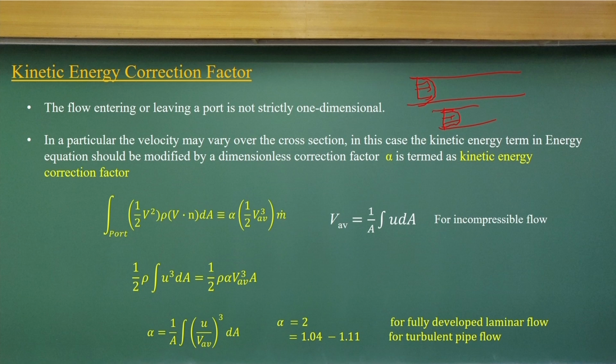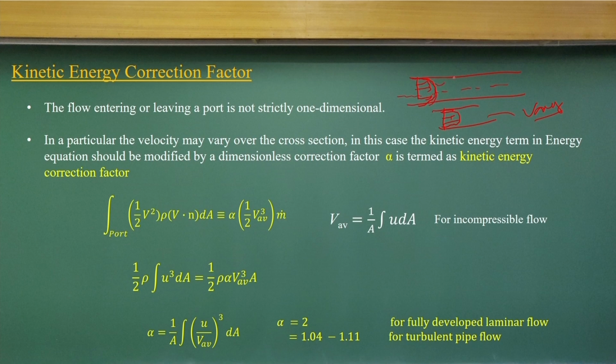It is very difficult for us to use the average velocity to compute the kinetic energy, because the flow within these pipes has a parabolic velocity distribution.